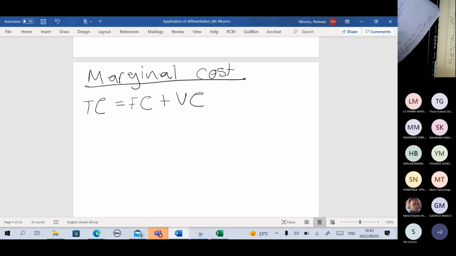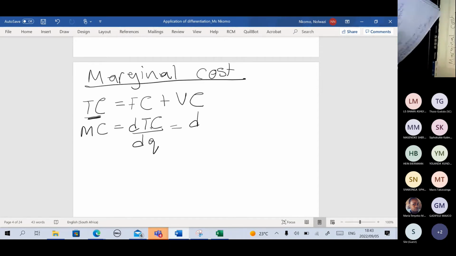And then the marginal cost is found by differentiating this total cost with respect to Q. So this means the marginal cost is equal to the derivative of the total cost with respect to Q. We use the sum rule.